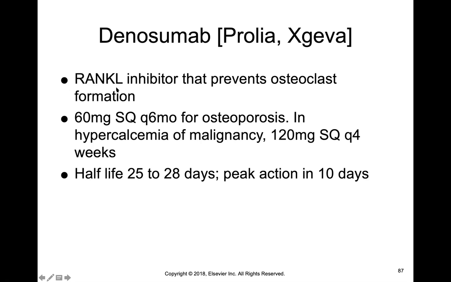It is a RANK-L inhibitor, and all that does is it prevents osteoclast formation. For osteoporosis, you're going to do 60 milligrams every 6 months. If you were using it for hypercalcemia of malignancy, the Xgeva formulation gives you 120 milligrams, and you do that every 4 weeks. It does have a long half-life, but it does peak in action in 10 days.